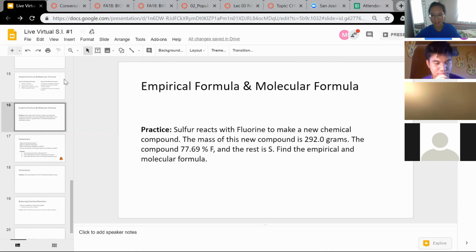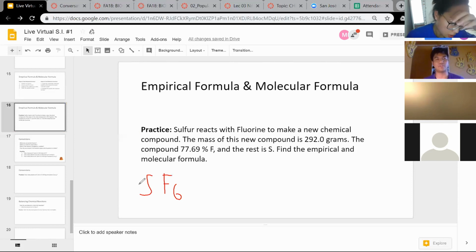Yeah, but when I made the problem, I tried to make it as close as possible to a whole number without multiplying it. Oh, okay. So in this case, you should get 1 mole of sulfur and 6 moles of fluorine. And it looks like the people in the chat got that. So that's cool. Let me write that down. So for any confusion, when I made the problem, I made the second.